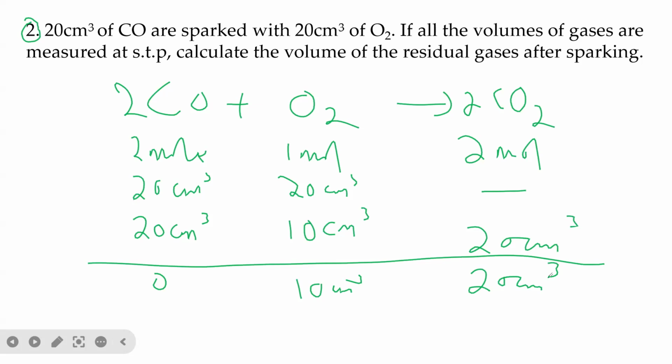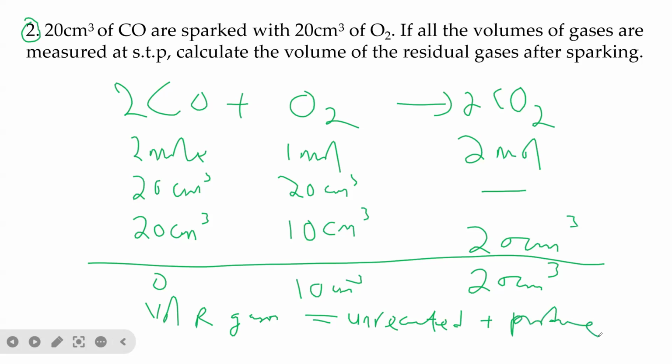So now, what will be the volume of the residual gases? To calculate the volume of the residual gases, we say it is the volume of unreacted gas plus the volume of the products.